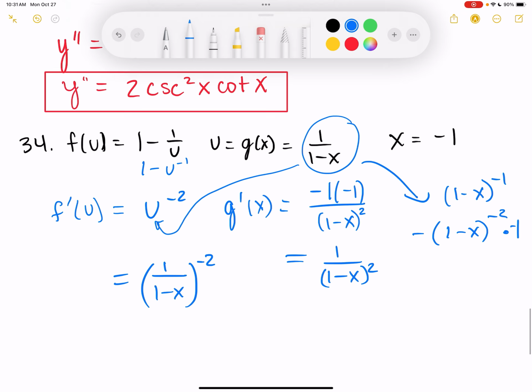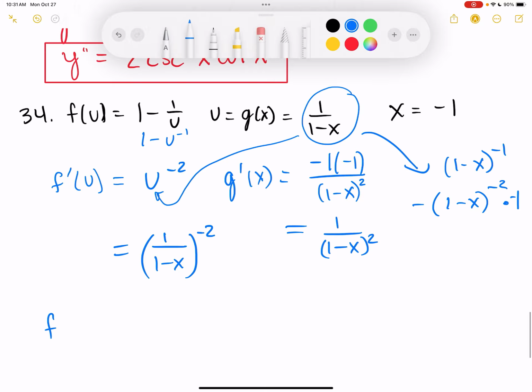So my derivative f of g of x. Isn't it 1 minus x squared on the bottom? This? Yeah, this is just plugging this in. I just replaced this. So no, it's just 1 minus 1 over 1 minus x. I'm getting ready to multiply it by this though.